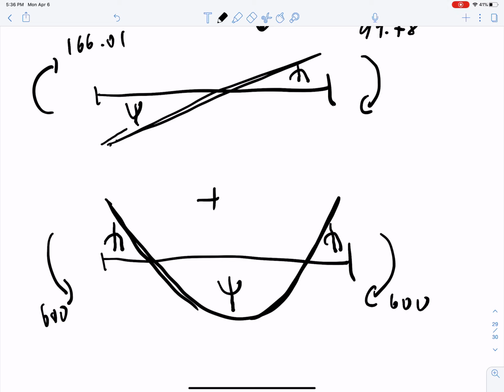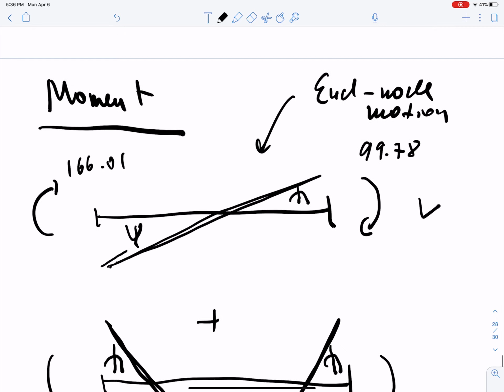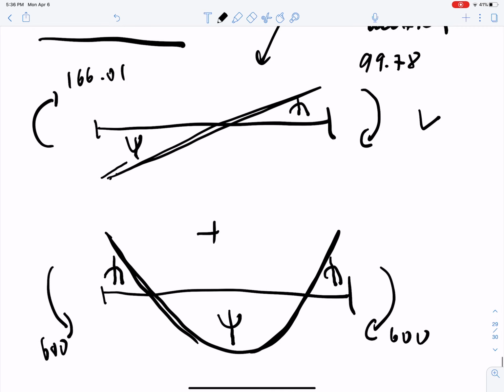And so now we go, right, and combine this action, okay, that is due to end node motion, right, and this action that is due to distributed load.